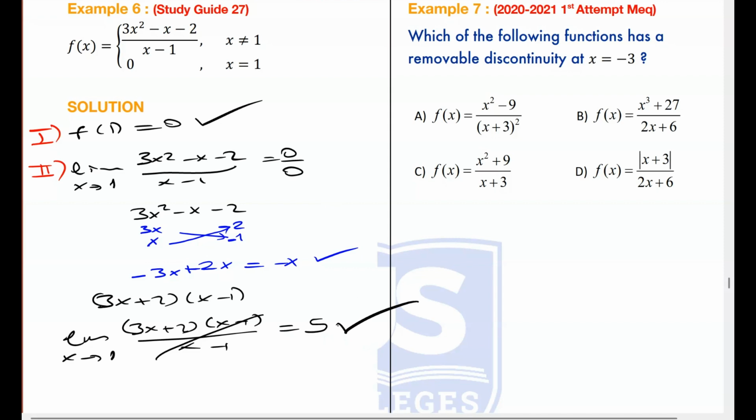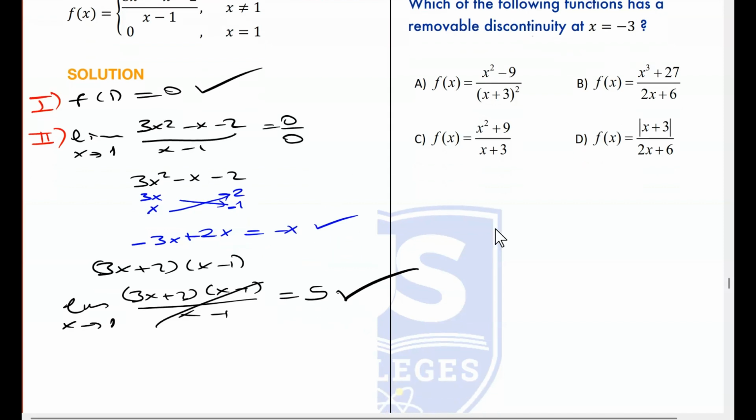So what is left? The last condition. Check the last condition. What was the last condition? The value of the limit being equal to the value of the function at 1. Are they equal to each other? What's the value of the function at 1?